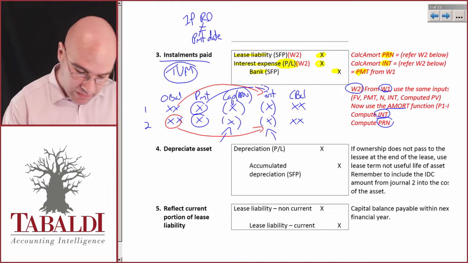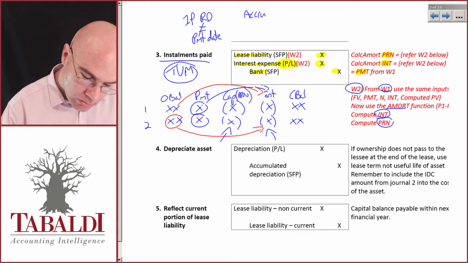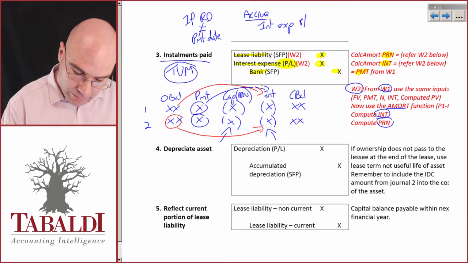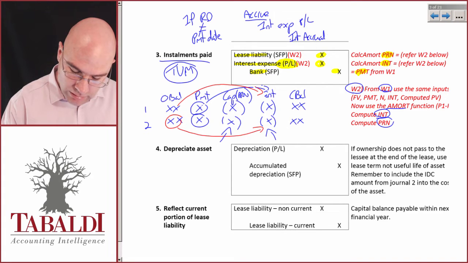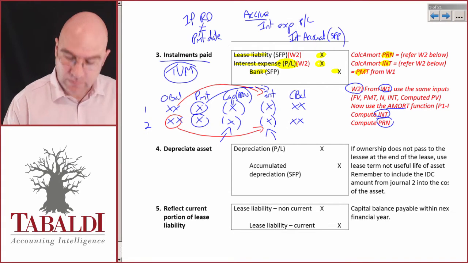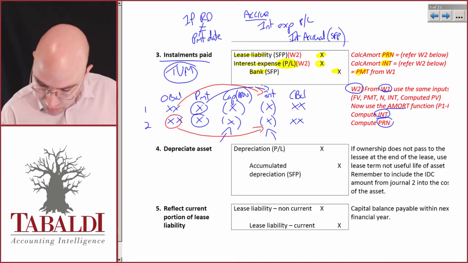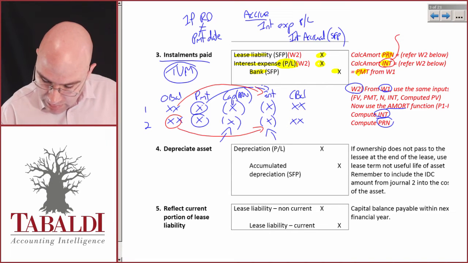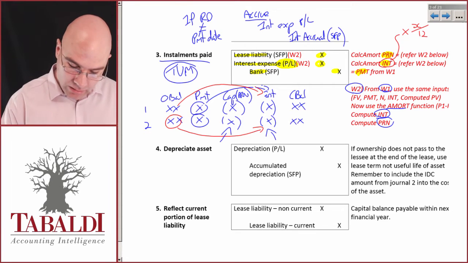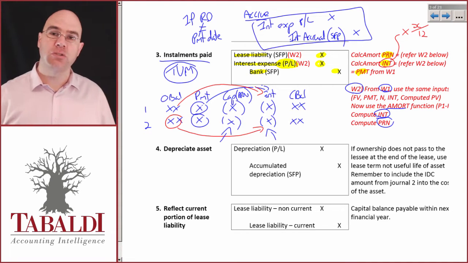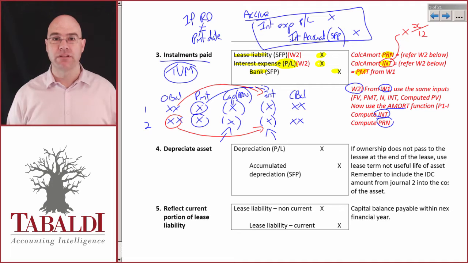You need to accrue for the interest, and you will debit interest expense, profit or loss, credit interest accrual in the statement of financial position. Okay, and that will be based on whatever this interest calc was times x over 12 months, for instance. And you will raise the interest expense because we use the effective interest rate method. We still accrue for interest even if it's not paid.